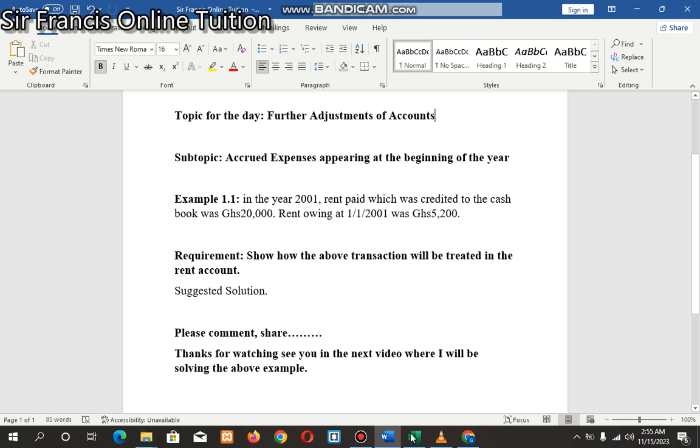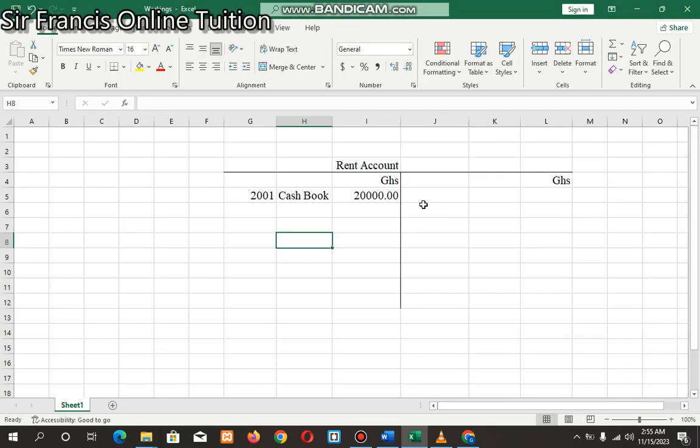So how do you take it from the 20,000 that you paid? If you want to reduce your expenses account, because it has a debit balance, obviously you have to credit that expenses account to reduce the amount relating to that expense. So here, to reduce the 20,000 by 5,200, we need to credit the account, and the name will be balance brought forward, or it could be rent owing.